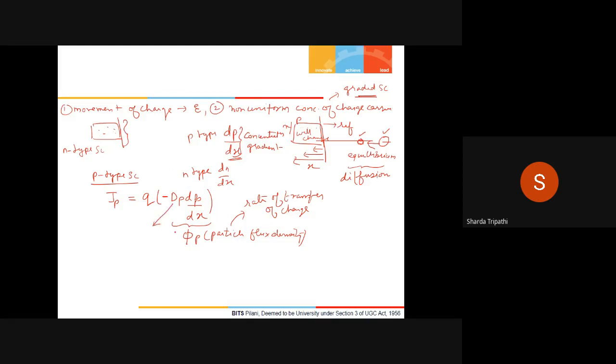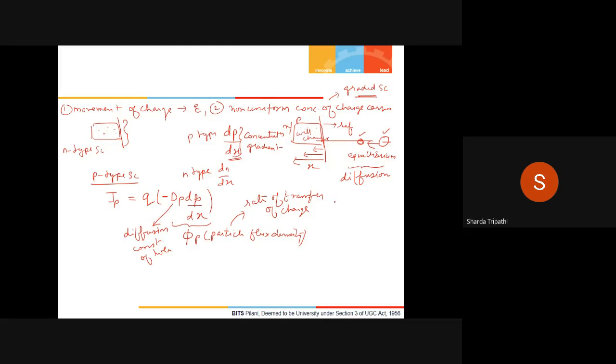And this Dp over here is known as the diffusion constant. Because it's p, this is the diffusion constant of hole. So the current density is actually the rate of transfer of charge multiplied by the total charge. I think now it would be clear.